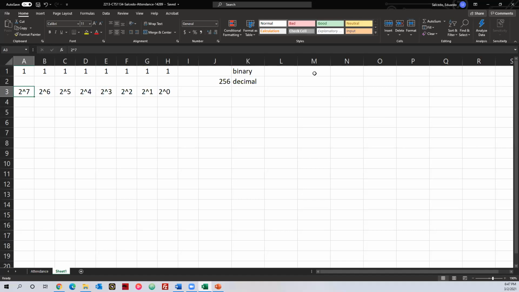Sign. So let's start with the easy one. 2 to the power of 7 is the same as saying 2 times 2 times 2 times 2 times 2 times 2 times 2, right? 1, 2, 3, 4, 5, 6, 7. 7 times. How much is that? 128. 2 to the power of 6 is the same as saying 2 times 2, 6 times.